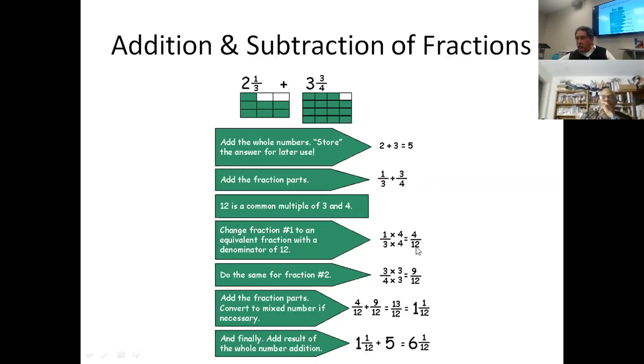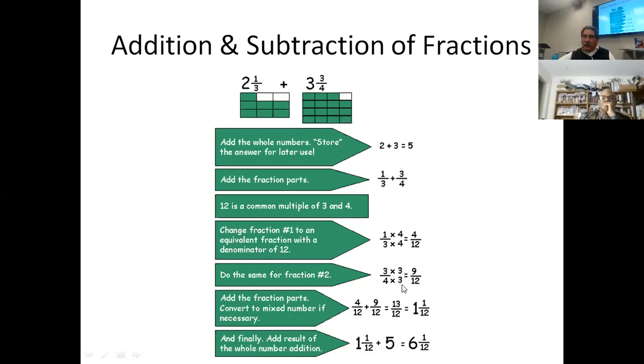I get 4 over 12. Now for this one, multiply the top and the bottom by 3. 3 over 3, I get 9 over 12. Now I have the same denominator: 4 over 12 plus 9 over 12.